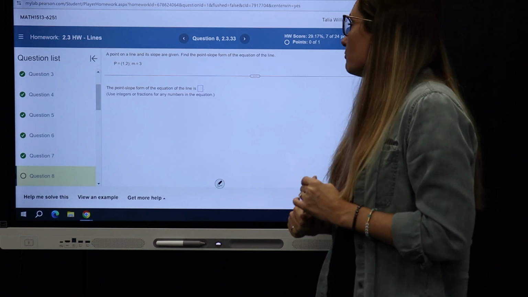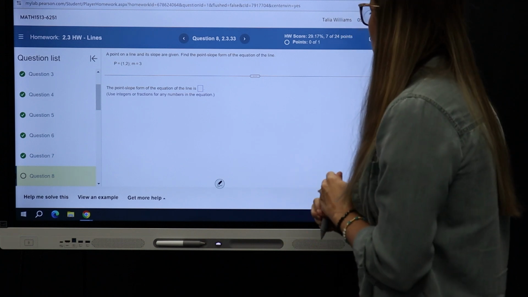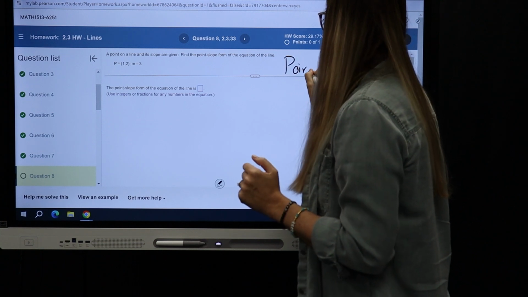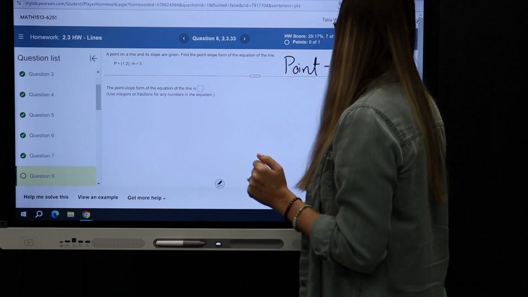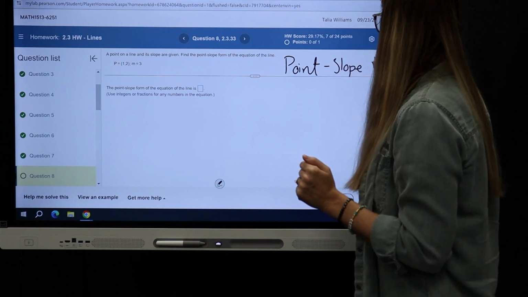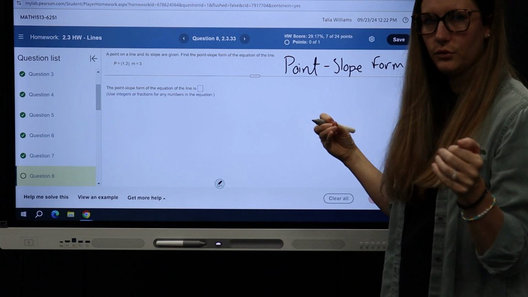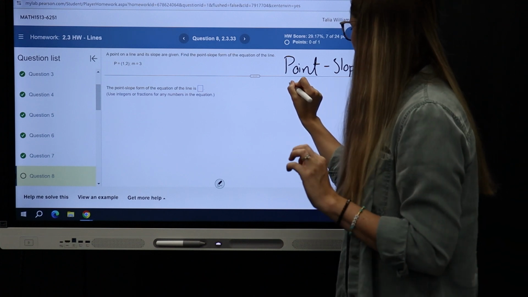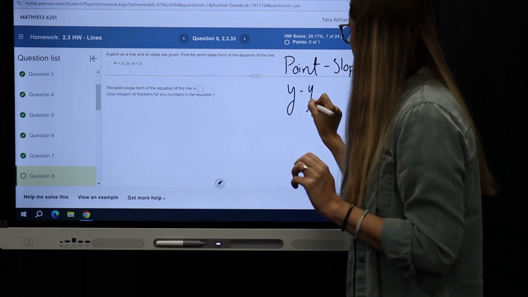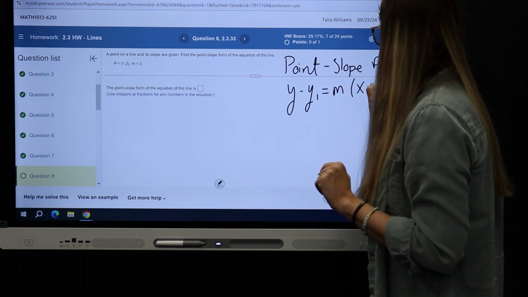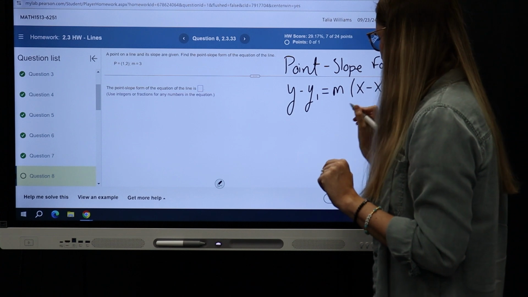Find the point slope form of the equation of a line. So point slope form of a line, whole thing's a line. So we're going to have y subtract y1 equals m times x subtract x1.